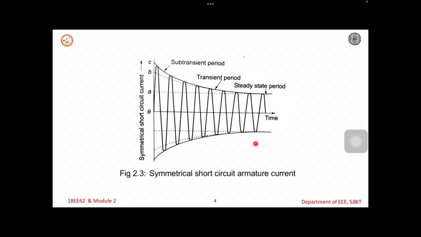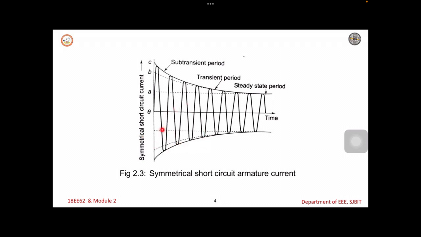But when the alternator suddenly undergoes a symmetrical short circuit, with excitation remaining the same but the terminals shorted, the short circuit armature current changes from 0 to a very large value in all three phases. The armature current will have an AC component as well as an offset DC component in each of the three phases. If we neglect the offset current, this is how the short circuit current will look.